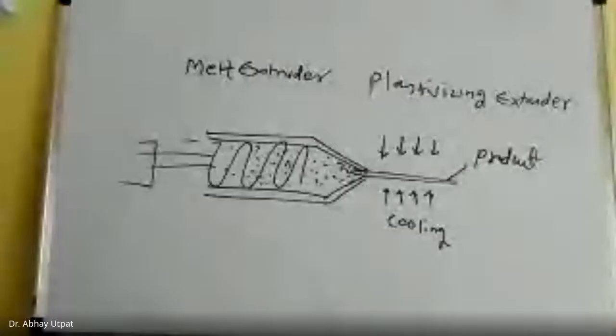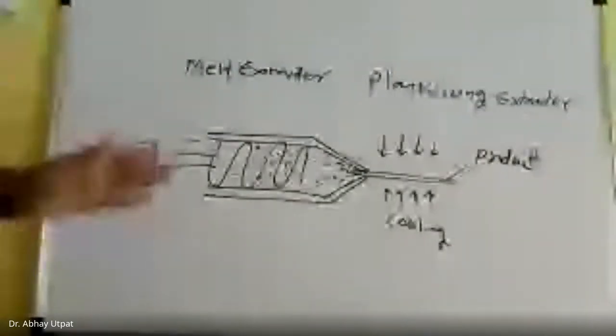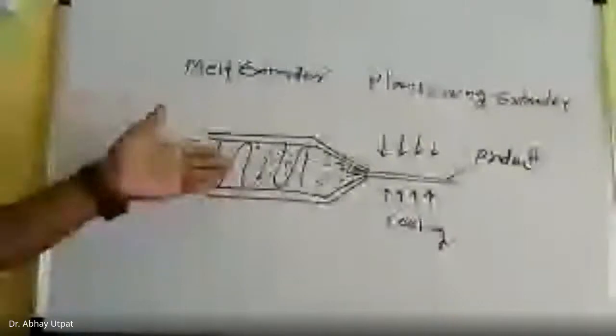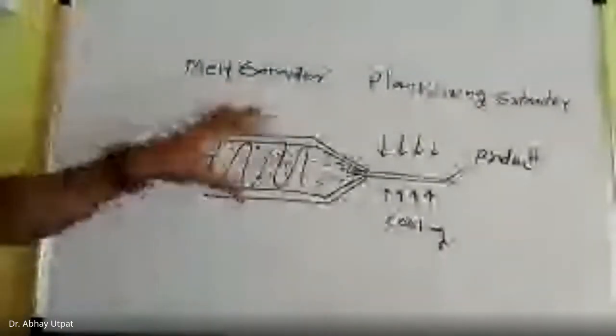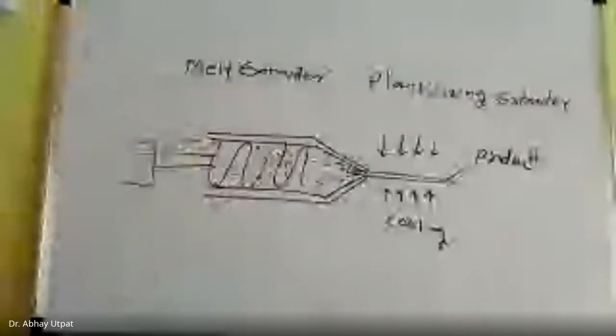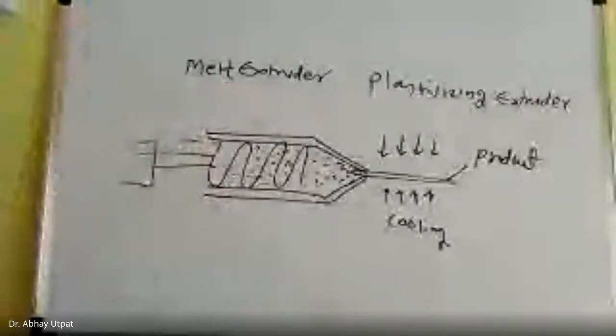So that is the problem, friends. Please don't do that. See, I am drawing here. You can draw the schematic diagram, and later on in assignments you can draw a good diagram. Looking at the schematic diagram, you can tell the difference. Even if you have not drawn the figure, you should tell how the product is cooled in injection molding and how the product is cooled in extrusion molding.